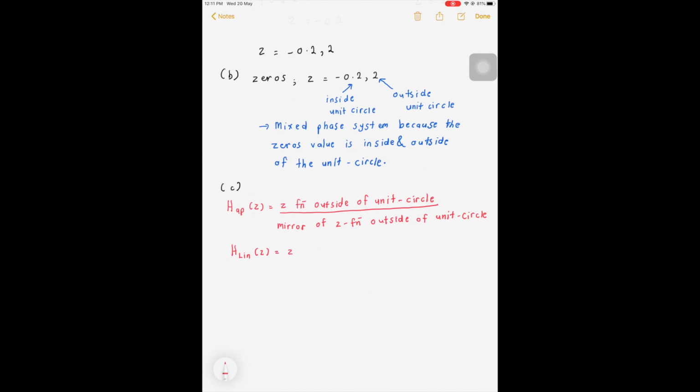While for H linear(z), it is the z function outside of the unit circle times the mirror of the z function outside of the unit circle.